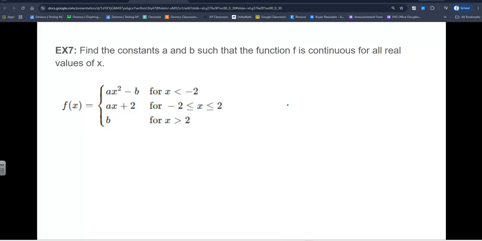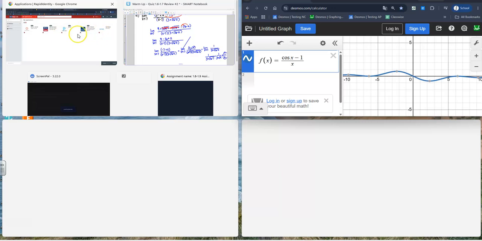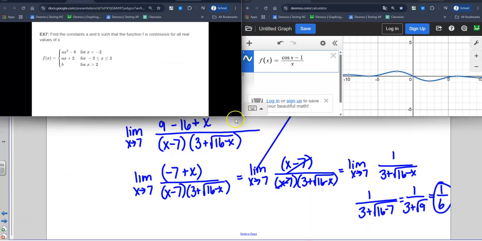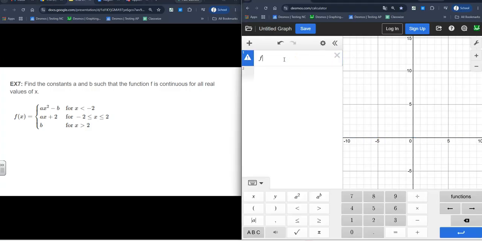So I've got this, in fact, let me move over here like this. If this was calculator active, it won't be, but if it were, let's just think about this with Desmos. I could type it in.